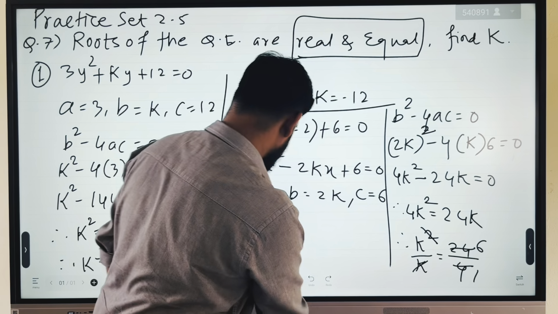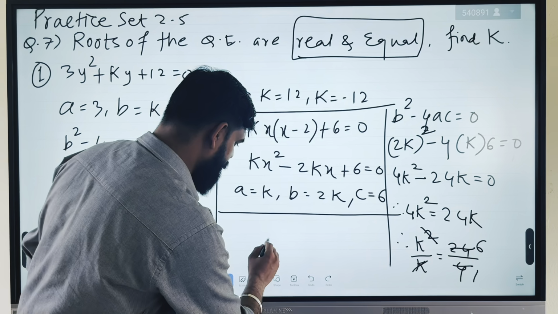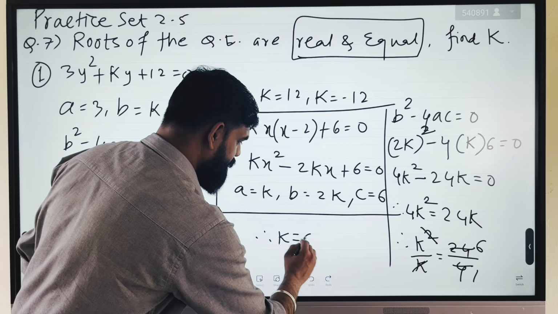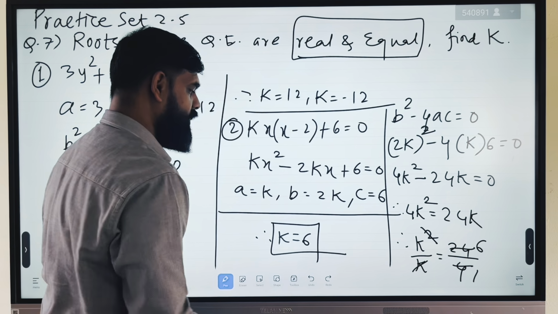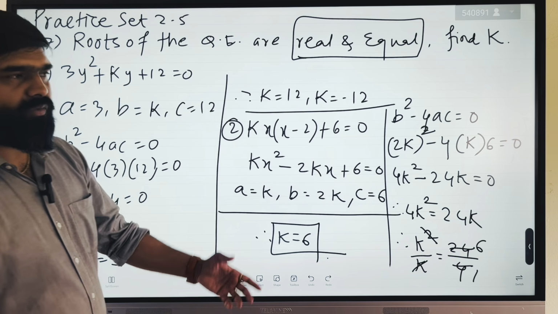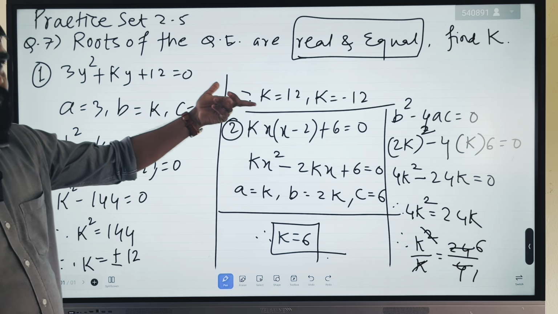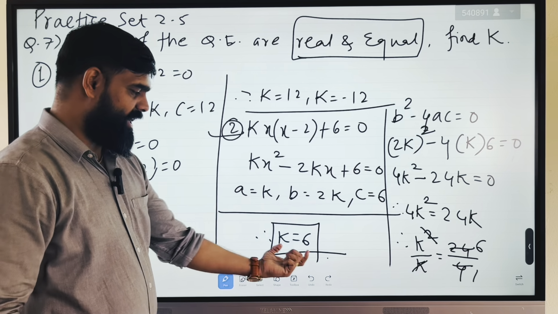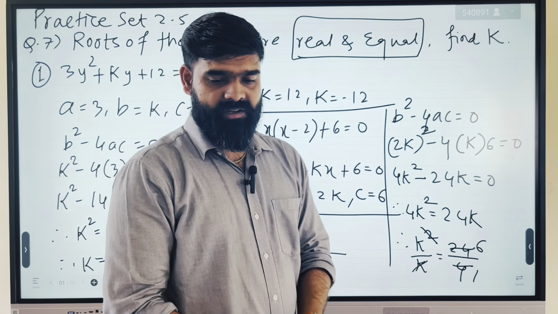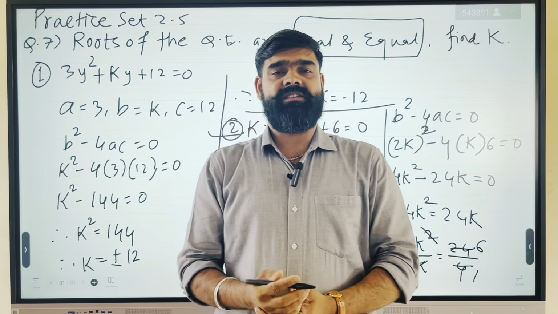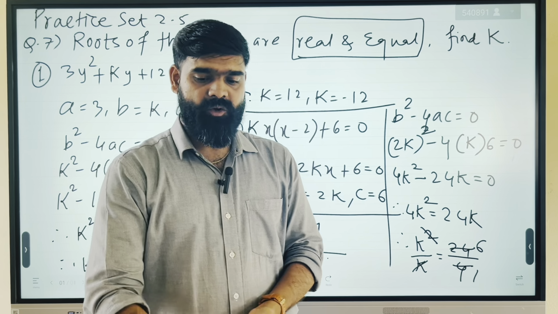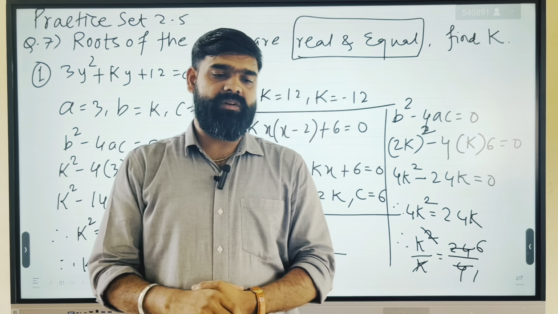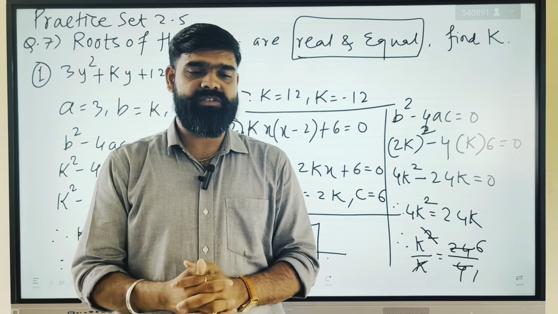So we have the final value of k, that is k is equal to 6. So the value of k is equal to 6 here, for question number 2 out of question number 7. So this was practice set number 2.5. I hope you have understood all the questions which I have solved.